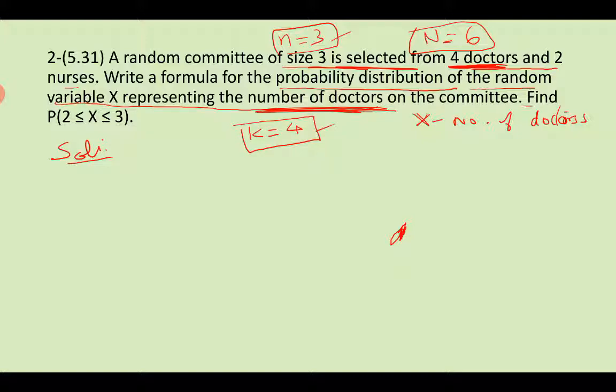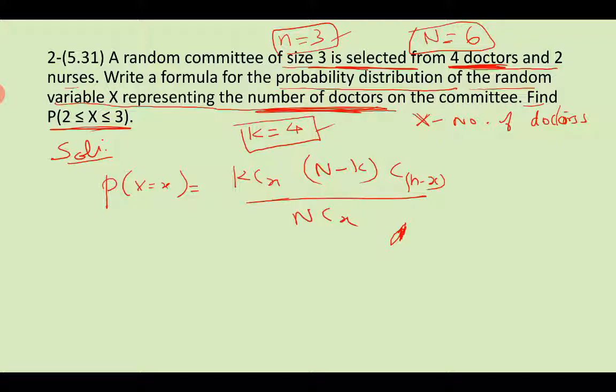We got it. Now finally find the probability that x lies between 2 and 3, including 2 and 3, isn't it? First, write the formula. Probability of X equal to x, which you should remember, is K C x times N minus K C n minus x over N C n.